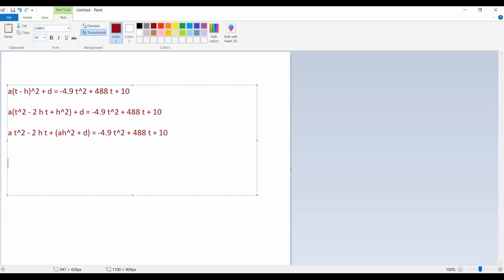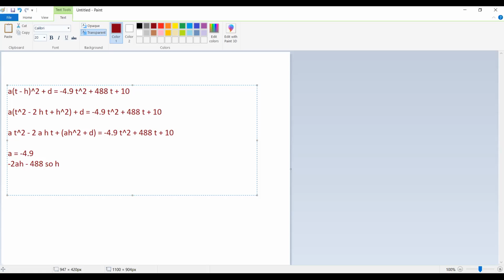The only way these can be equal for all values of t is if the t squared terms are equal. So we get a equals negative 4.9. And then we get negative 2ah equals 48. I'm sorry, this should have an a here. So negative 2ah.